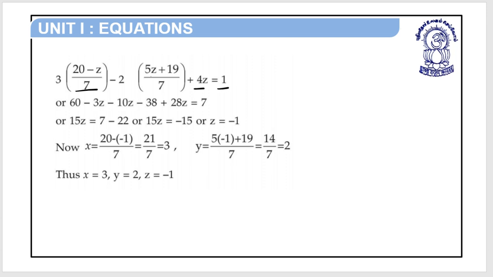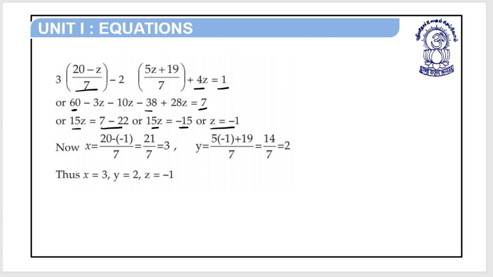So 3 20s are 60 minus 3z minus 10z, 5 2s are 10z, minus 19 2s are 38, plus 7 multiply with 4, 28z is equal to 11 multiply with 7, so 77. 15z minus 10 minus 3, 13, 28 minus 13, so 15z is equal to 60 minus 38 is 22, and 77 minus 22. So 15z is equal to minus 15. So z is equal to minus 1.